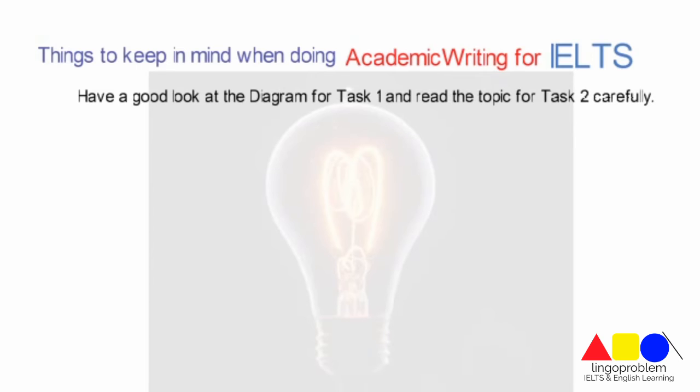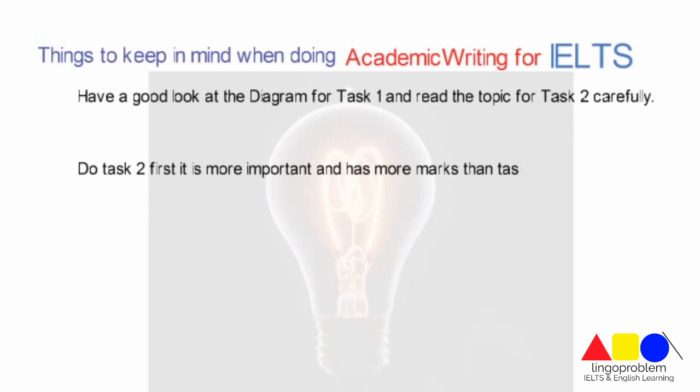And you have to read the essay topic 2 to 3 times just to have a better understanding. That's very important. Now, in your exam, you should do task 2 first because it is more important. It will get you more band scores. And of course, then you are going to do task 1.